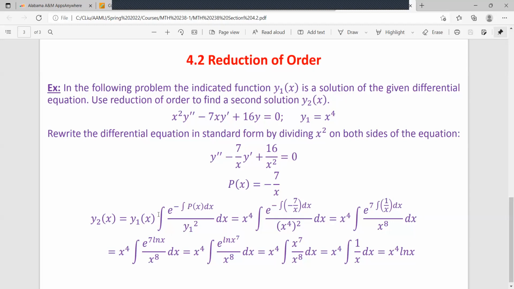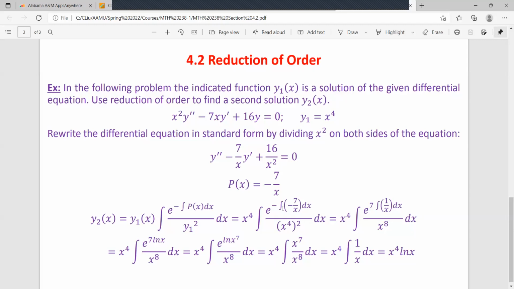That's what we obtained on the last page. So y1 is x to the fourth. Plug in, and p is negative 7 over x. So do a little simplification inside the integral. X to the fourth squared is just x to the 8th. Remember, you multiply 4 and 2, get 8.